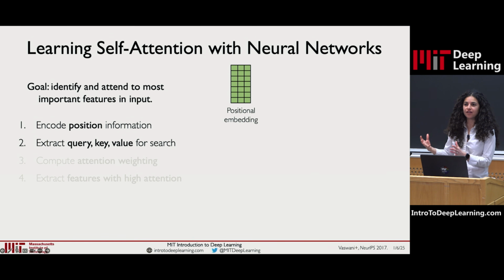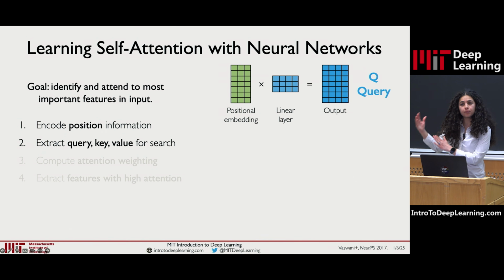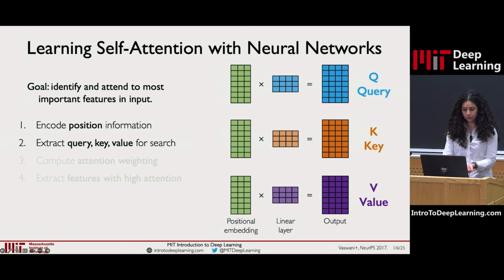Now, we take those position-aware encodings, and we operationalize that search operation to extract 3 sets of matrices that we call the query, the key, and the value, just like I introduced before. The way we do that is we take the positional embedding and think about that as representing our sequence in a positionally aware way. And we use a neural network layer to produce each of these individual matrices, the query, the key, and the value.